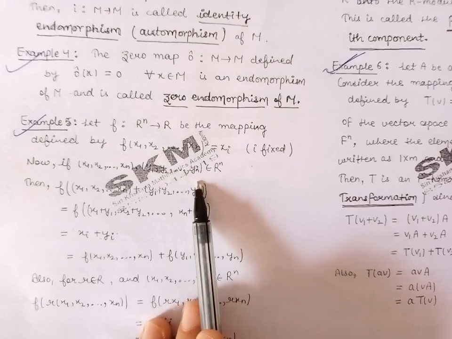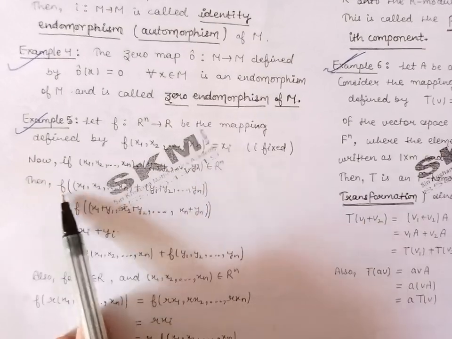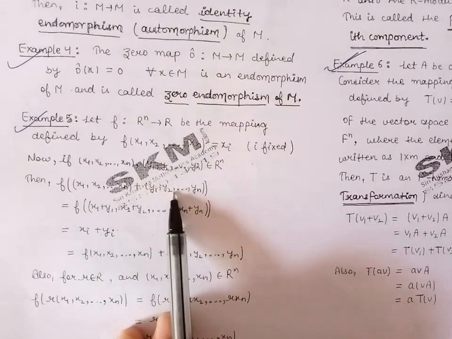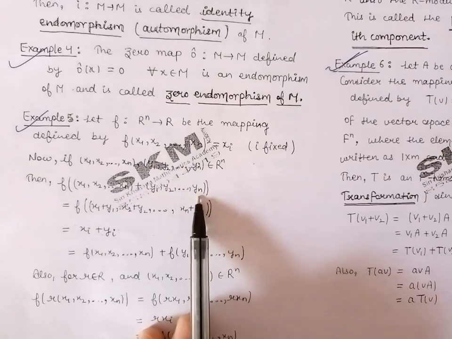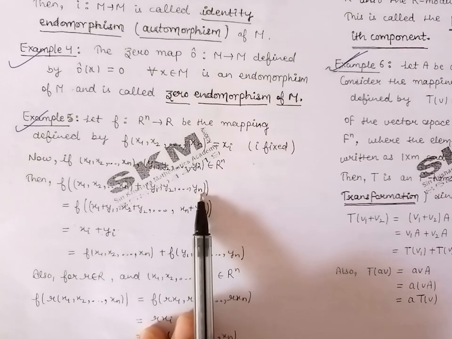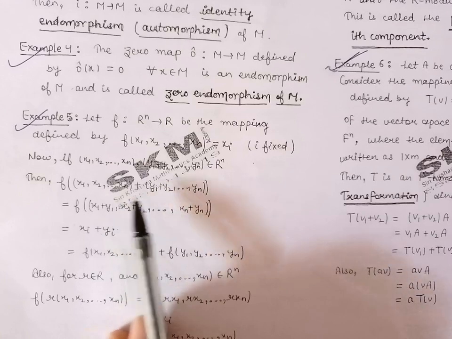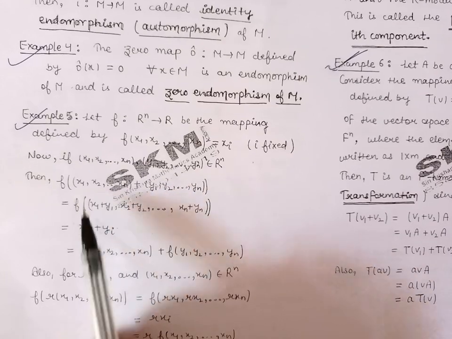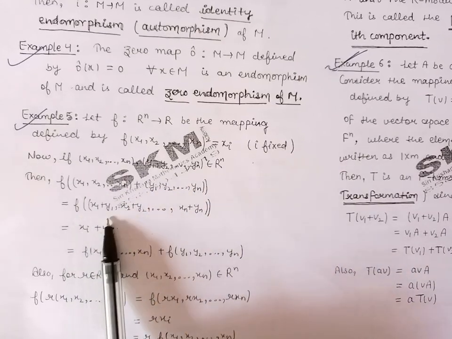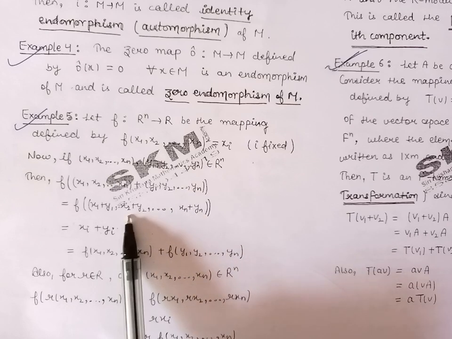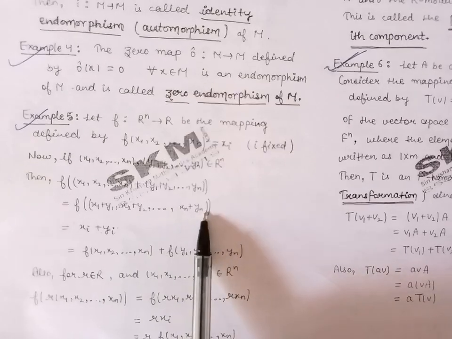Now let us find the image of x plus y. Now by definition of addition, that will be coordinate wise here. So this will become f of (x1 plus y1, x2 plus y2, and so on, xn plus yn).